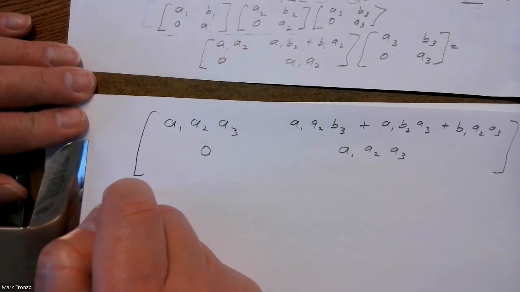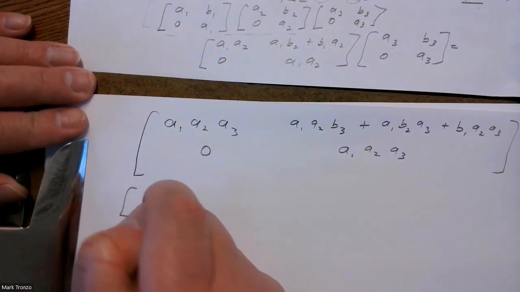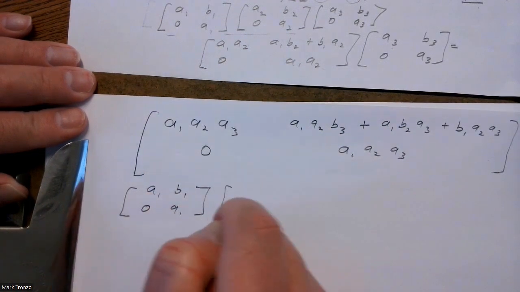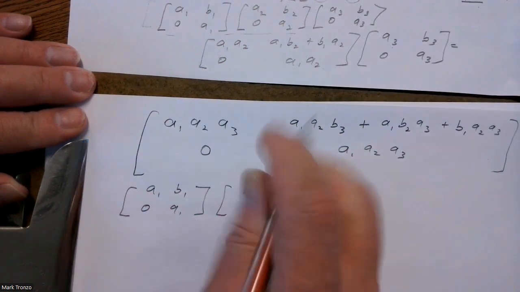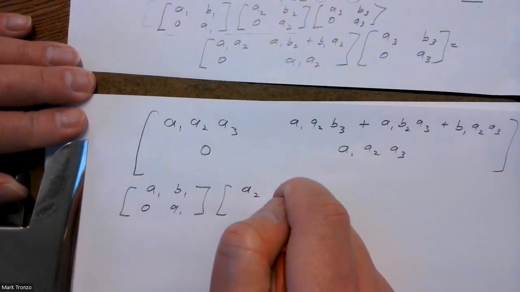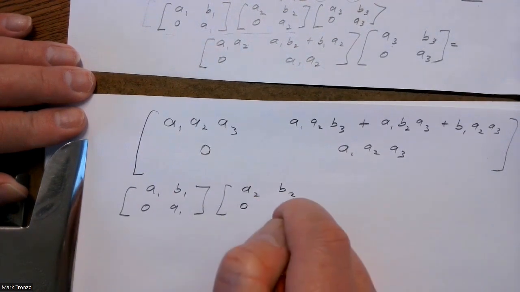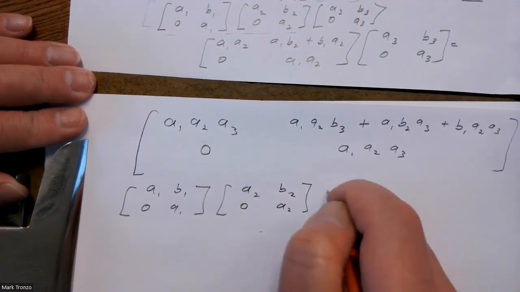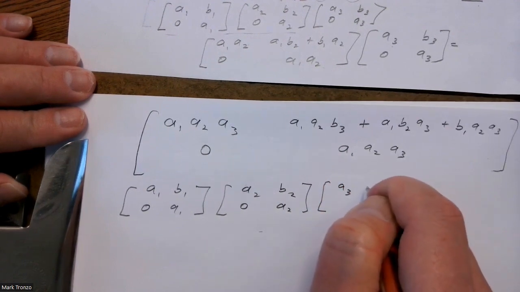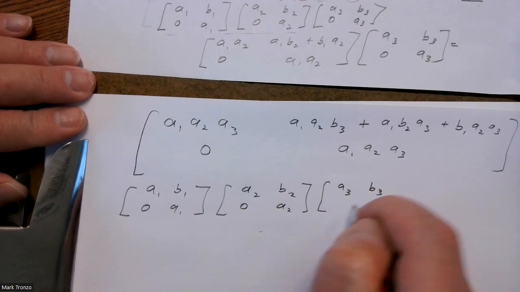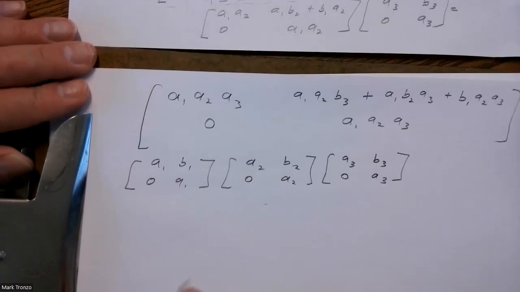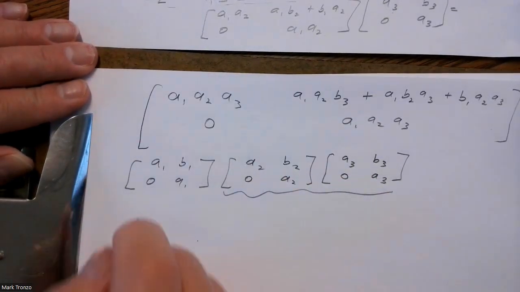So let's try it the other way. Let's try A1, B1, 0, A1, and, excuse me, that should be A2, B2, 0, A2, and A3, B3, 0, A3. So multiply these two together first.